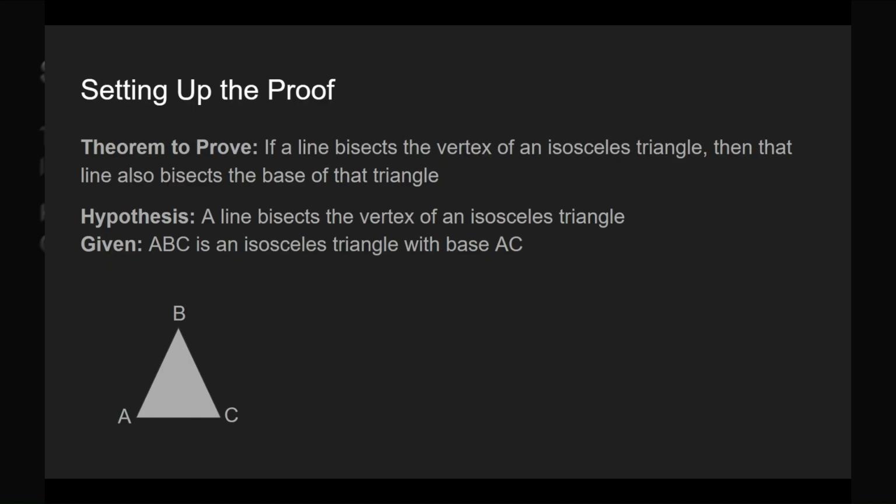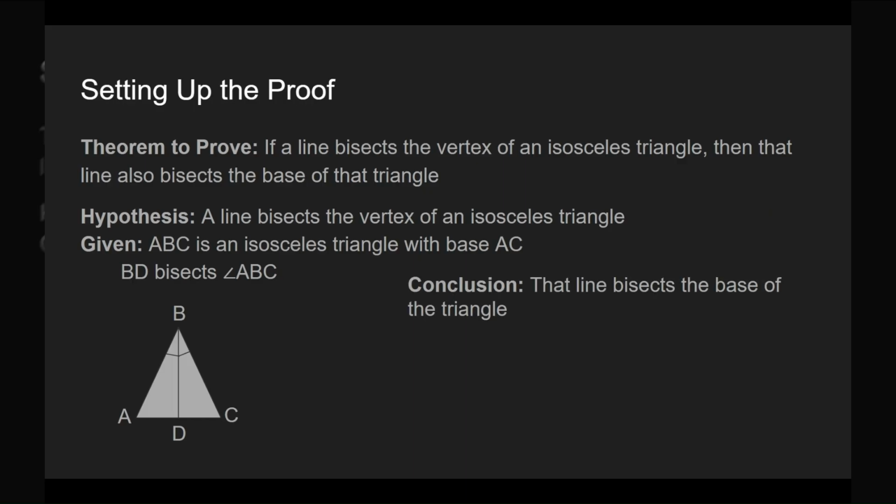Here's a picture. We also know that we have a bisector of the vertex angle. Vertex angle is angle ABC, so we're going to call that bisector BD, and we'll draw it in here. And if it bisects the vertex, that means that those two angles up at the top, ABD and CBD, are congruent.